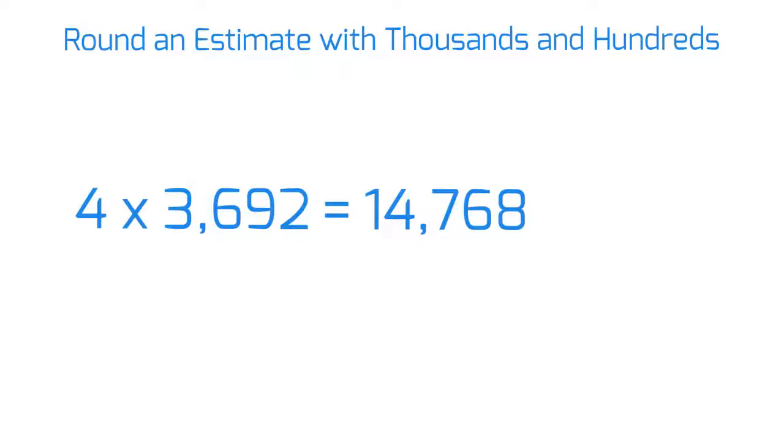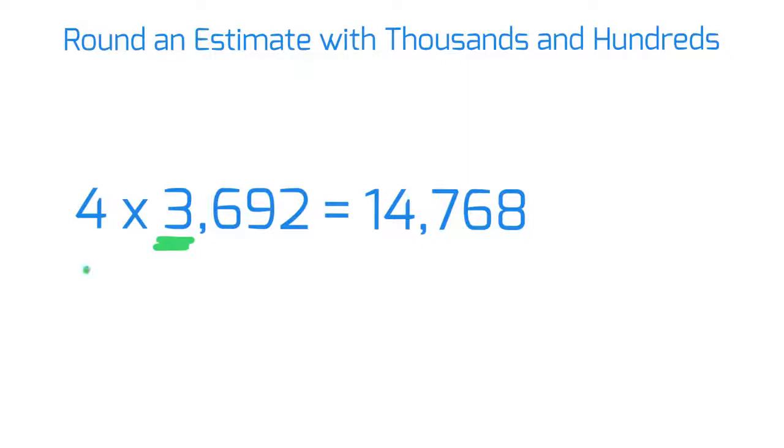Okay, so let's round an estimate with thousands and hundreds next. So if I want to round this actual answer, after I've solved this problem, I can see if my answer makes sense by framing the equation, by looking at the thousands place. So I have 3,000 here, and I want to frame this problem by giving my two choices.